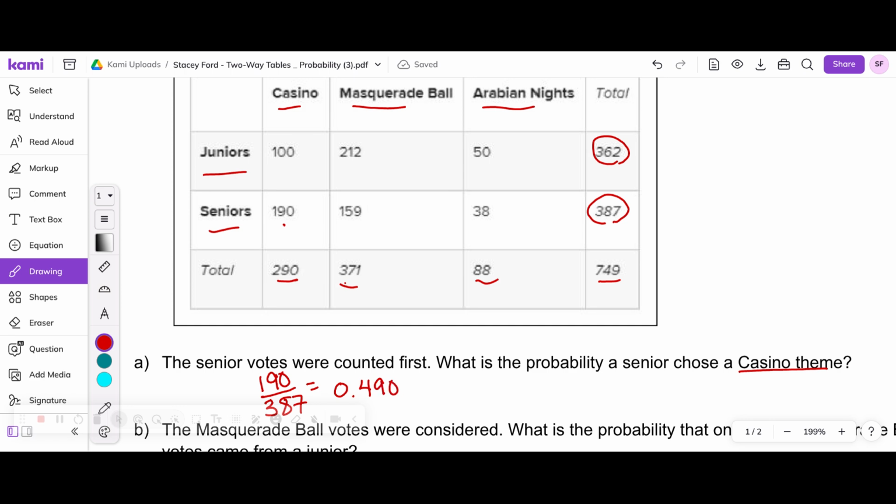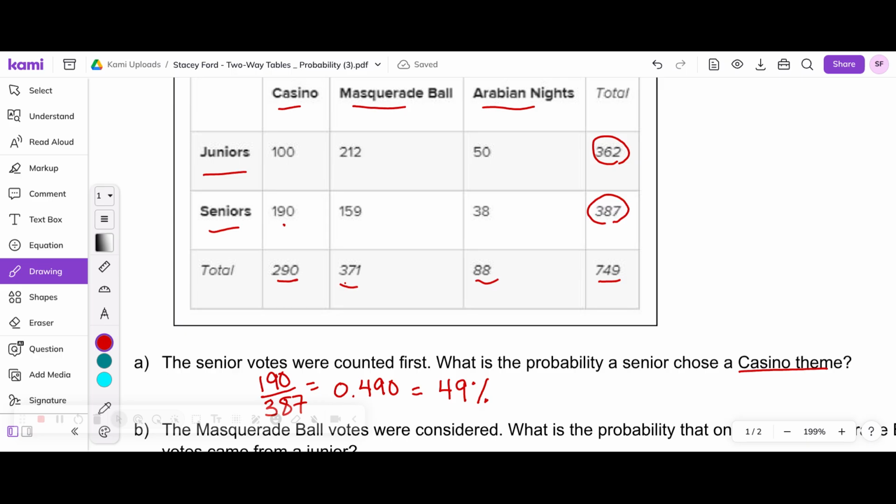So that 0 means we're just fine. And if we times it by 100, we're going to get this to be 49%. So 49% of the students chose the casino theme.